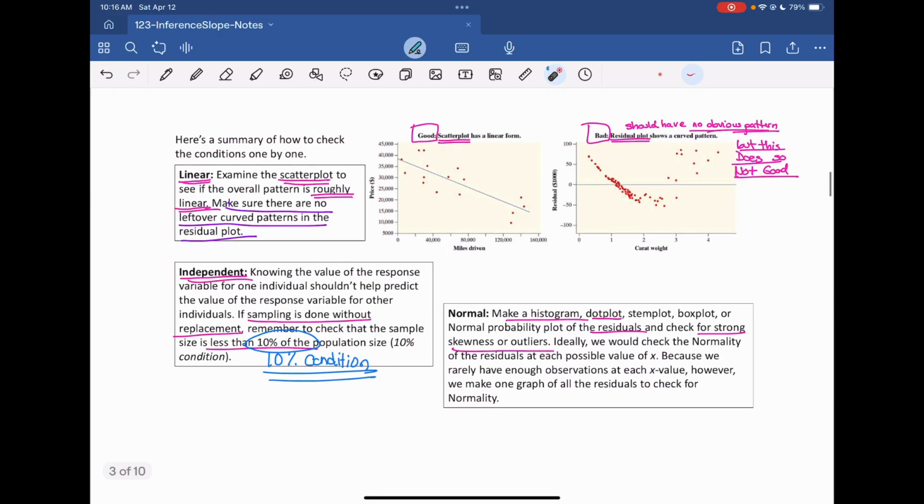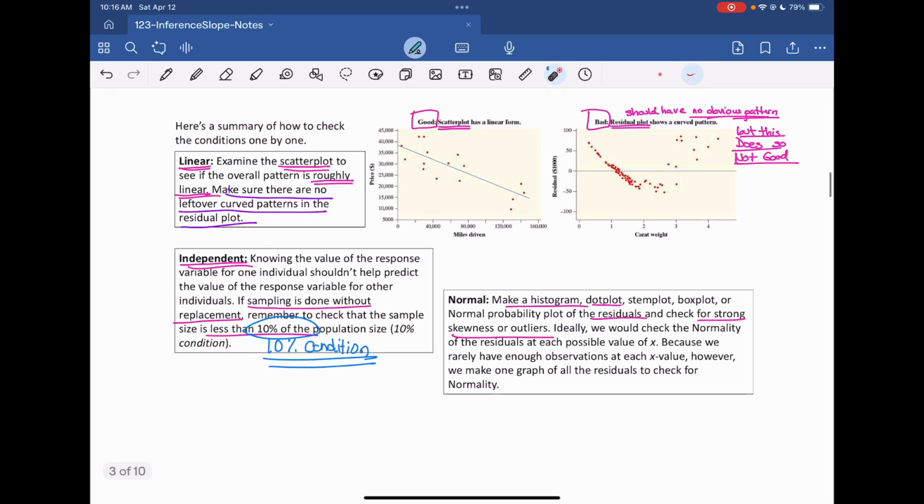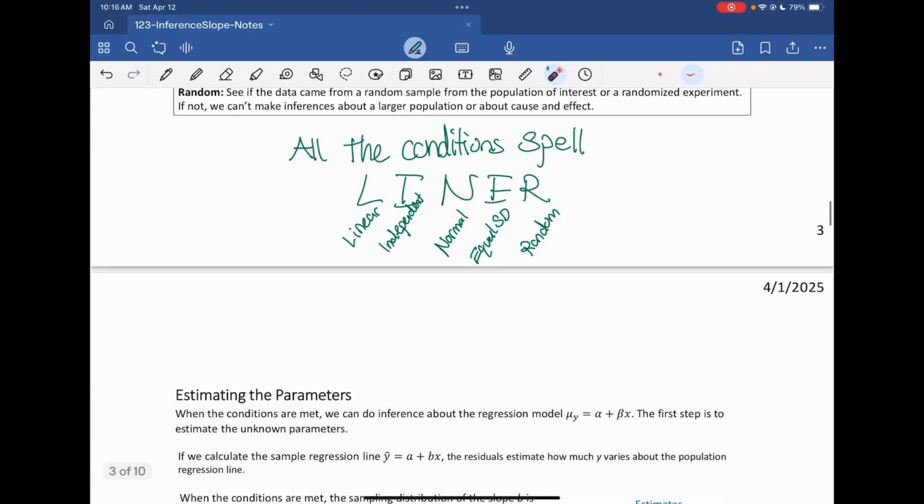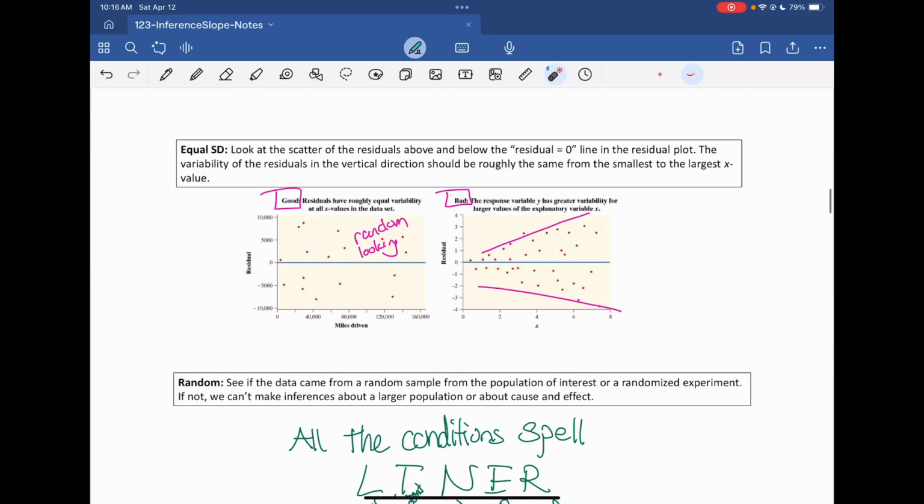But I haven't thought of a situation, which I have to look up, where it passes the linear but then fails the equal SD. Would it ever do that? No idea. I'm going to have to look at that. Because technically, when you look at this, there's a leftover pattern here. So technically, this is not good.